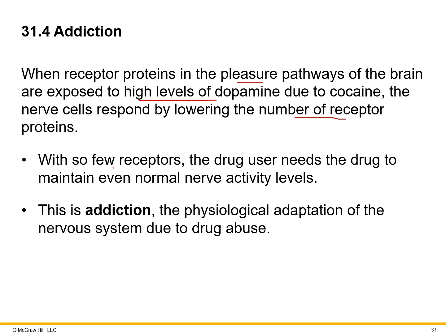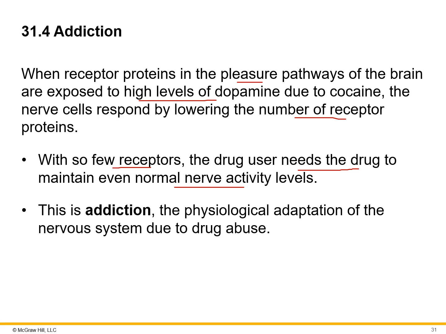Now, because there are so few receptors, the drug user needs more of the drug to maintain normal nerve activity. It's adapting to that large signal, so it produces fewer receptors. Now you need a higher dose than before. This leads to tolerance. Now we need more of the drug to get the same effect.